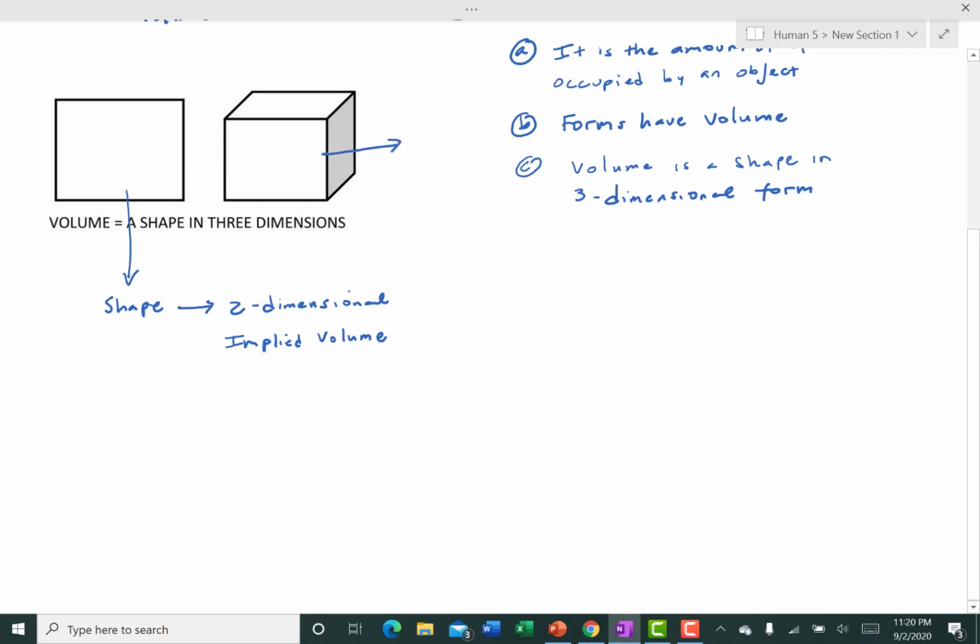You need a form which then has the actual volume, right? And usually you just say volume and you don't put the actual in front of it. But if we're talking about implied versus actual, it's good to separate the two. So that's kind of the key. If you're looking at artwork and you're looking at something that's 2-dimensional, it definitely can have implied volume.